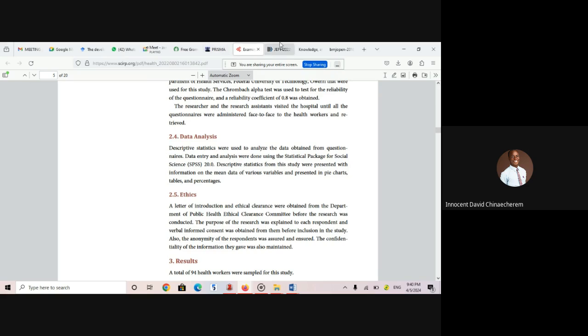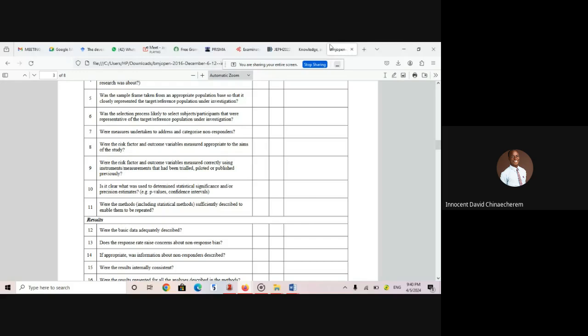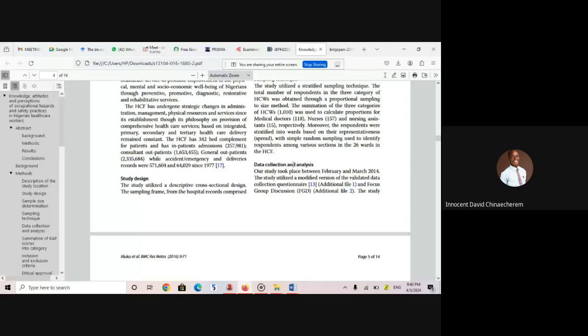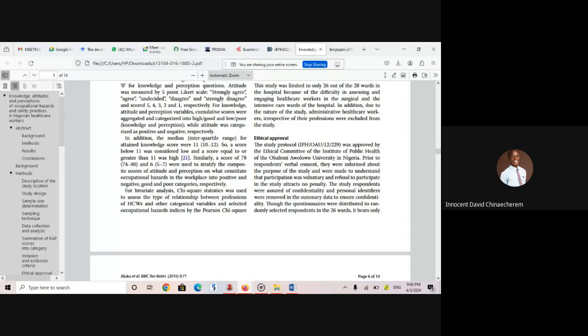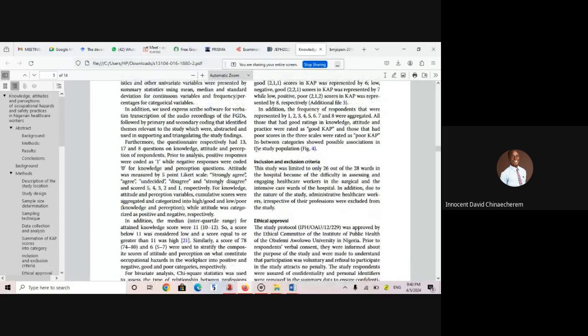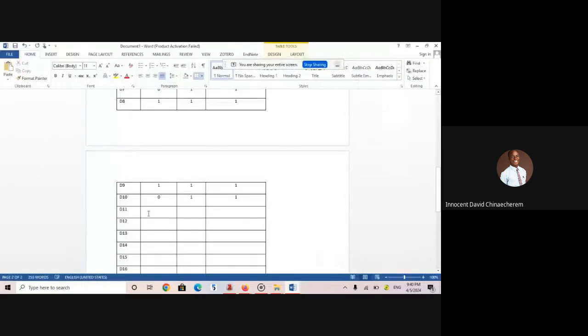The same thing applied here after checking and cross-checking, and the same thing applies here for data analysis. You can see it here. They are all explained, right? Good. So everybody explained that. So it's going to be 1, 1, 1.